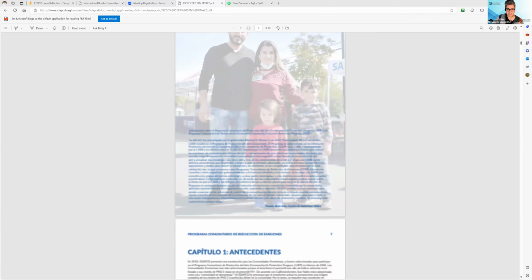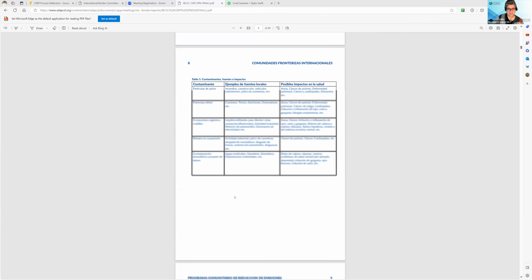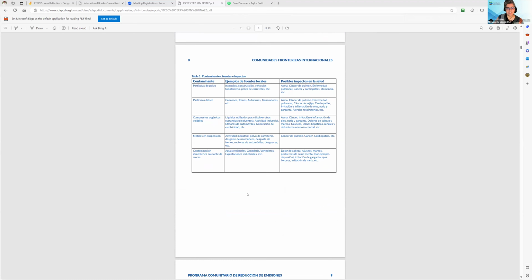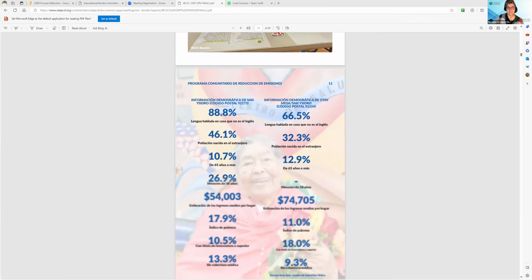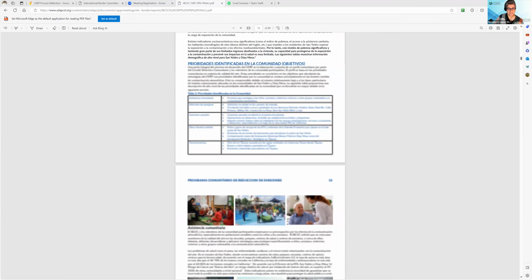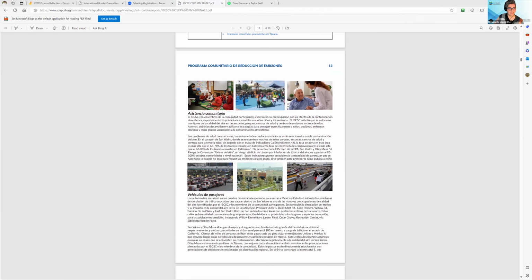And special thanks to Victoria for getting this all laid out in Spanish, which I know was a heavy lift to do all this graphic design work as well. One of the things that I hope to work on by next time we meet is to have a condensed or shortened version that's easy to read, and you could read in no more than five minutes.